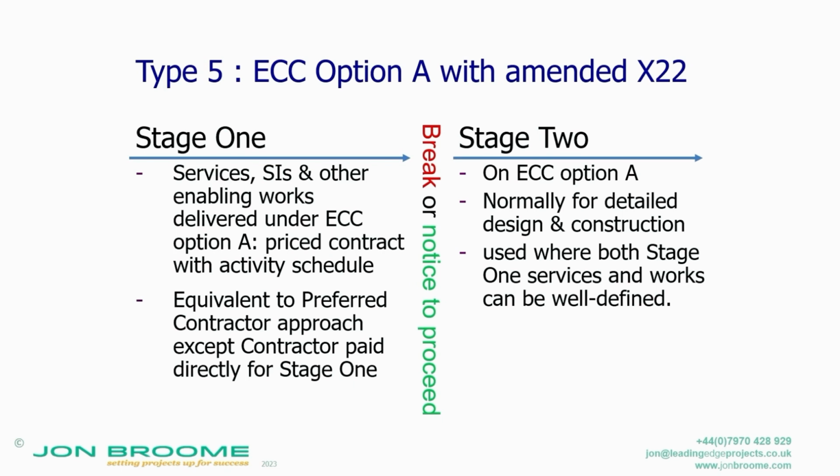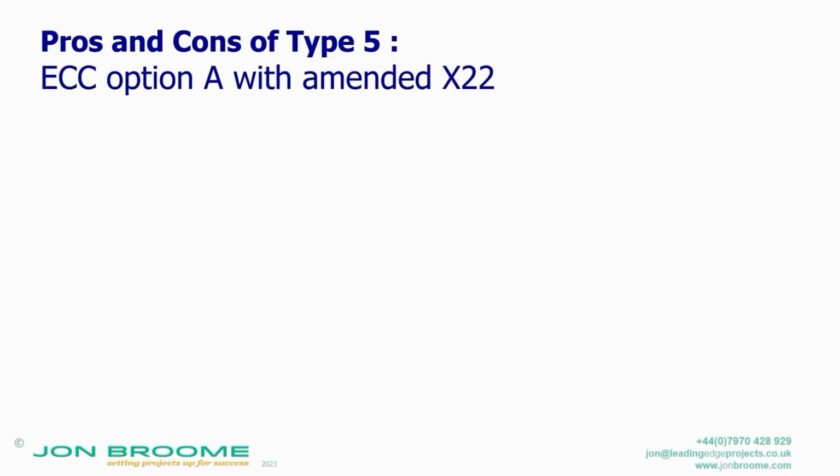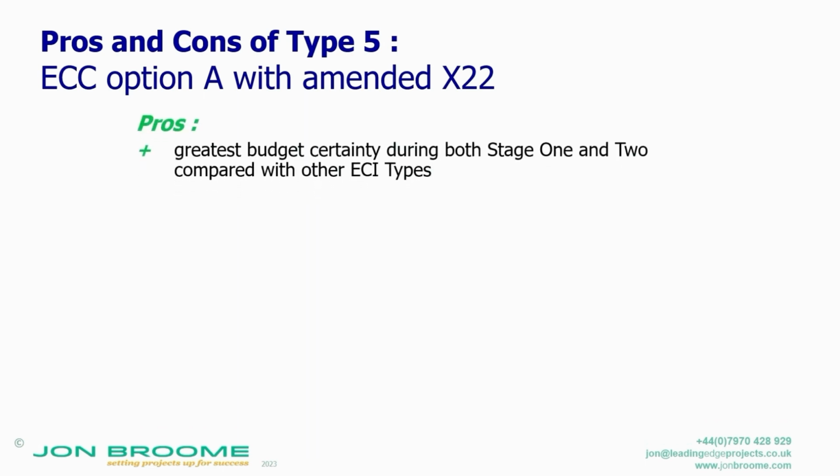So when should you use option A as opposed to target cost contracts? Well, when you can define the works much more precisely, both here and there, yep. So, what are the pros of it? Well, it gives you the greatest budget certainty because you don't have to take account of pain and gain. These are the prices.